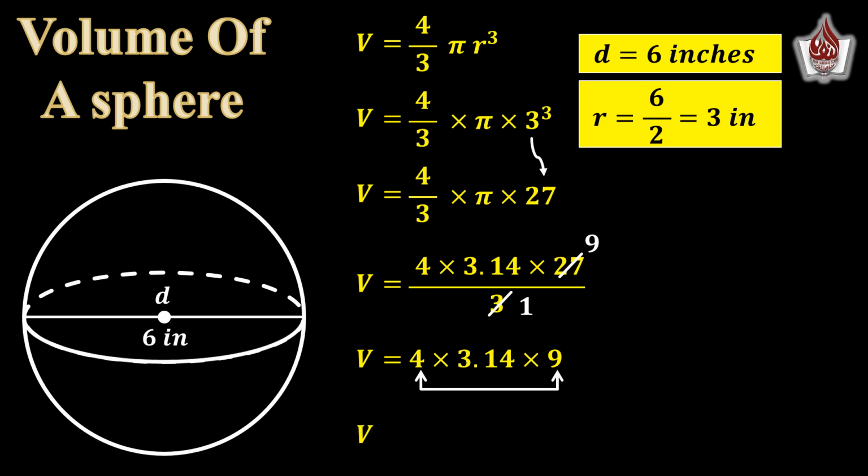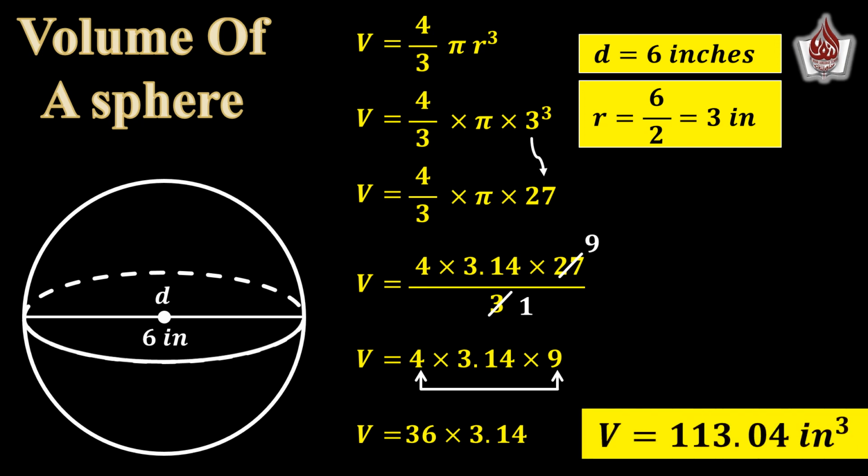So volume equals 36 times 3.14, which is equal to 113.04 inches cubed.